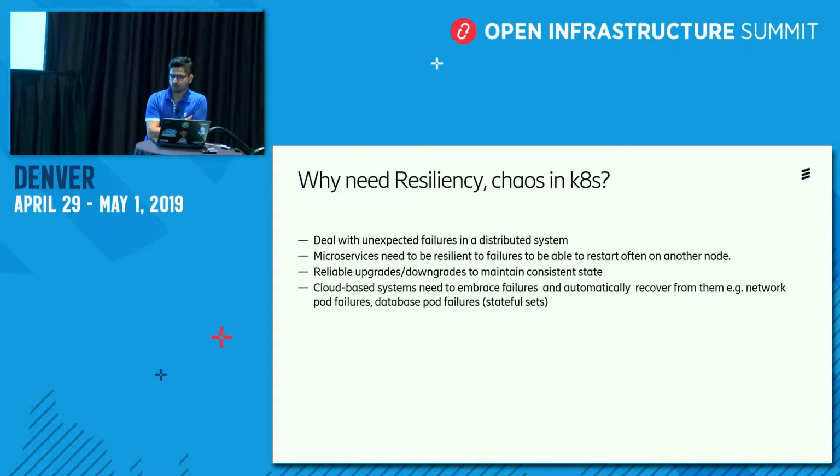They also become single points of failure. So it is very important that we do this kind of testing to ensure that in production, whenever a pod fails due to intermittent issues, it comes back on its own and doesn't cause loss of service.